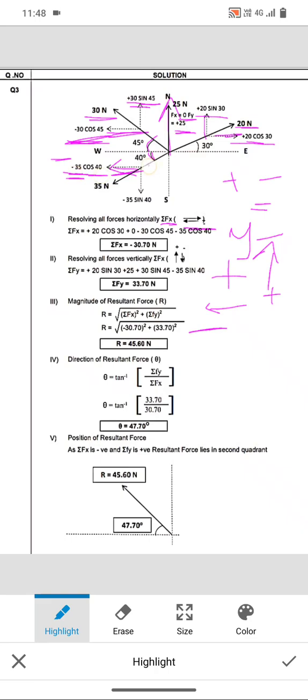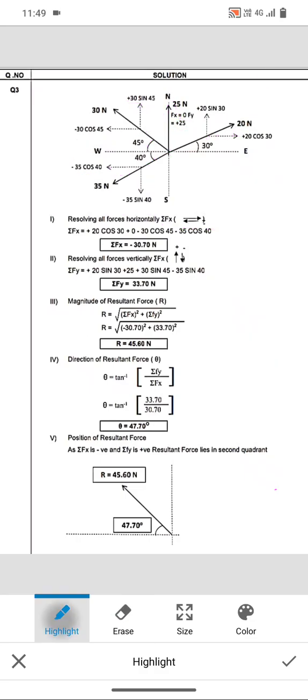Then its vertical component is minus 35 sin 40, because the vertical component is acting in the downward direction. Upward is positive and downward is negative. We have resolved all forces.